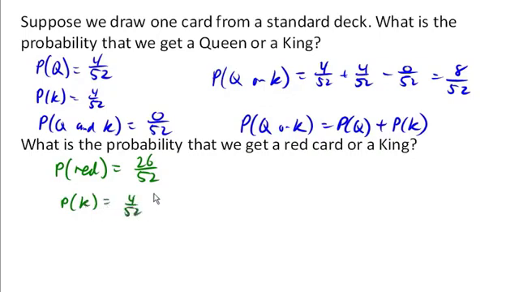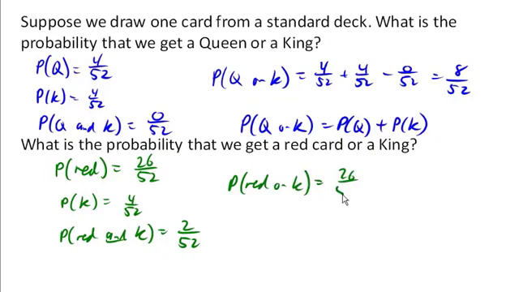Now here we do have overlap because there are 2 red kings. And so for the probability of red or a king, we're going to have to add up the 2 individual probabilities and then subtract away the overlap, which leaves us with a probability of 28 out of 52 for getting a red card or a king.